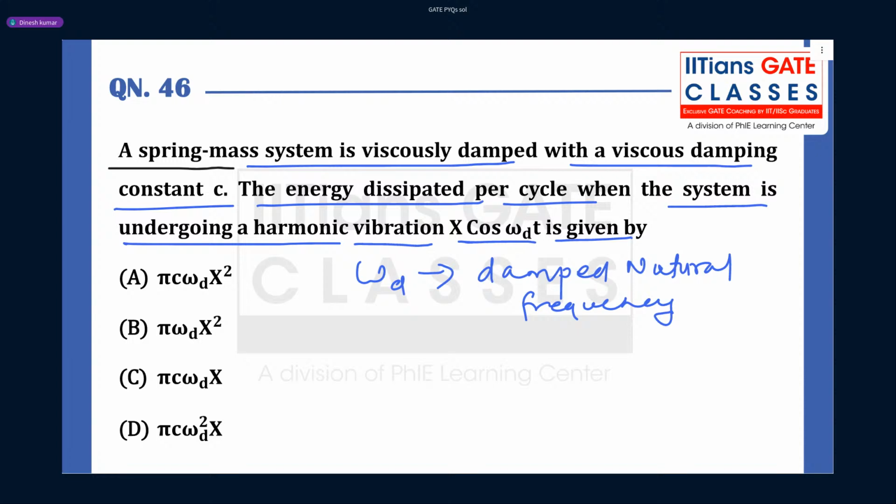If you read that topic, you'll find delta E, the energy dissipated per cycle, will be equal to pi c omega d capital X square. What is X? X is the amplitude of the vibration.